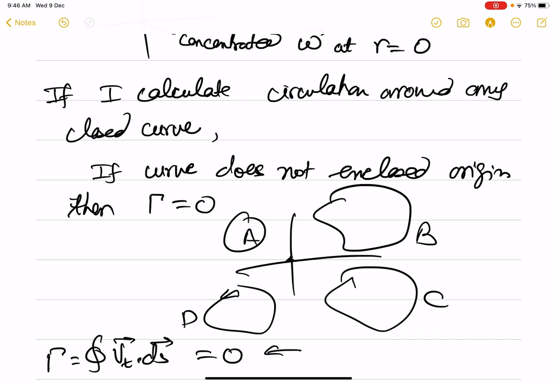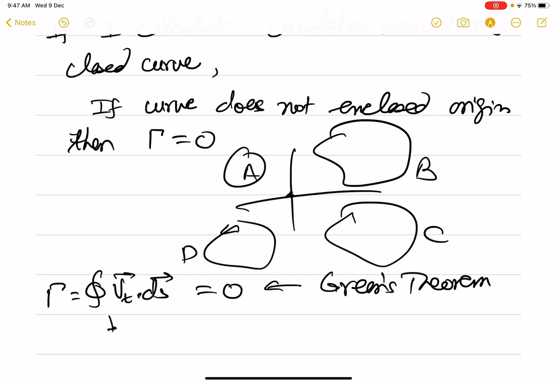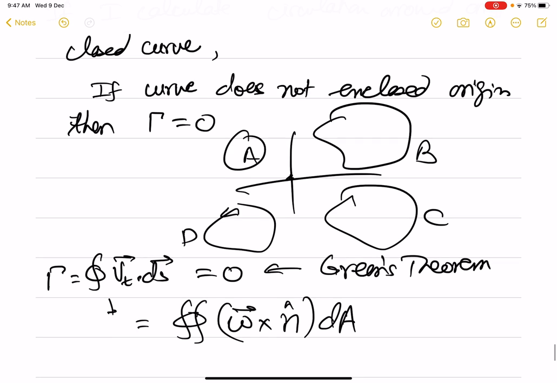This is easy to see from Green's theorem, because this is also equal to the integral of omega, what was it, omega cross n dA. We had shown this, no, sorry, it was the integral of omega dA.